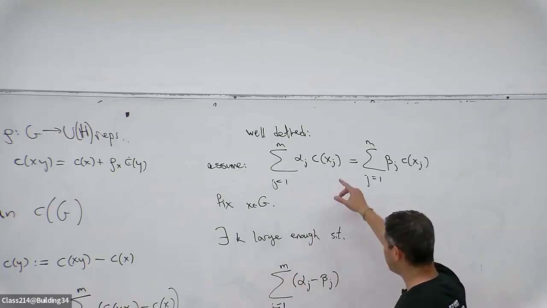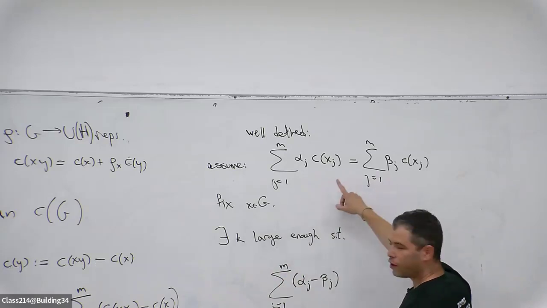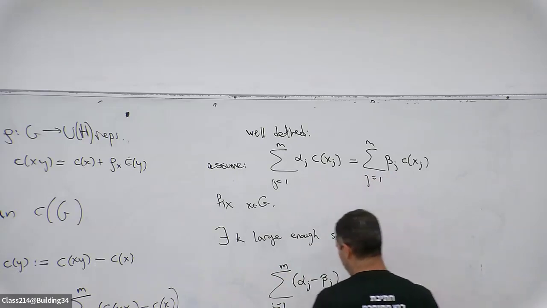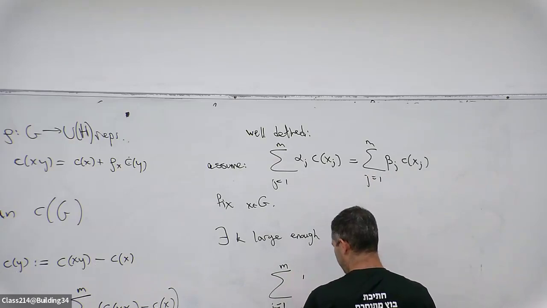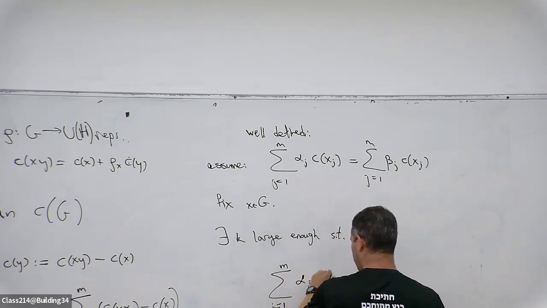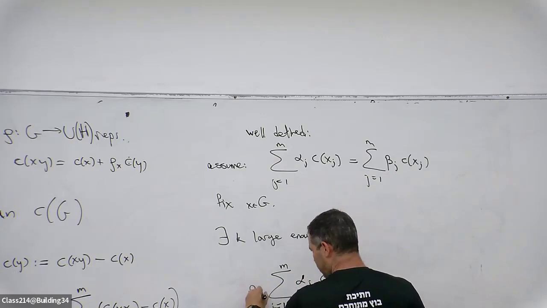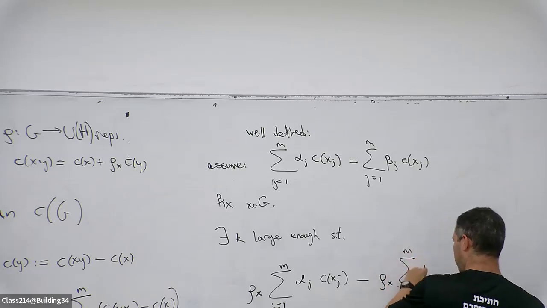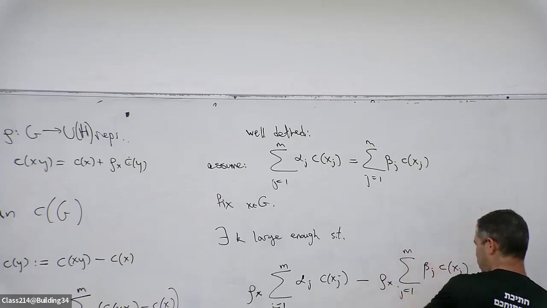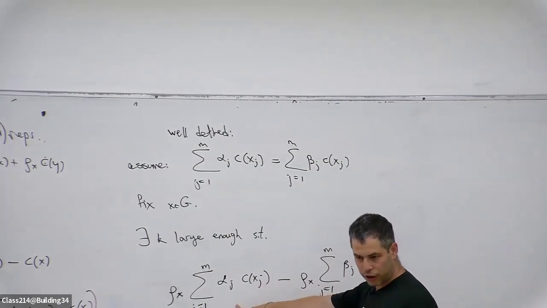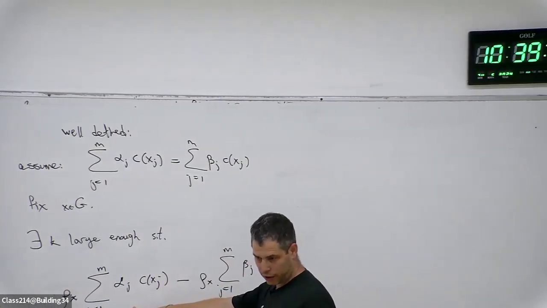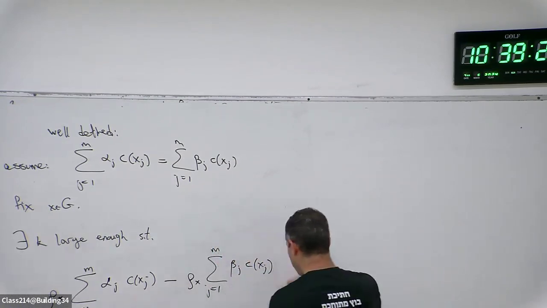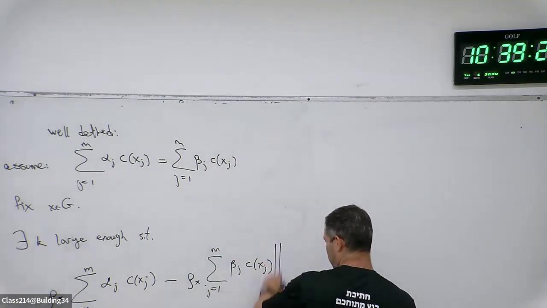I want to show that the difference between rho x acting on these two things is 0. So it's alpha j, rho x of C of xj, minus rho x acting on beta j, C of xj. I need to show that this is the zero vector. Now this thing, what is it? It's exactly, let's put it in the norm.